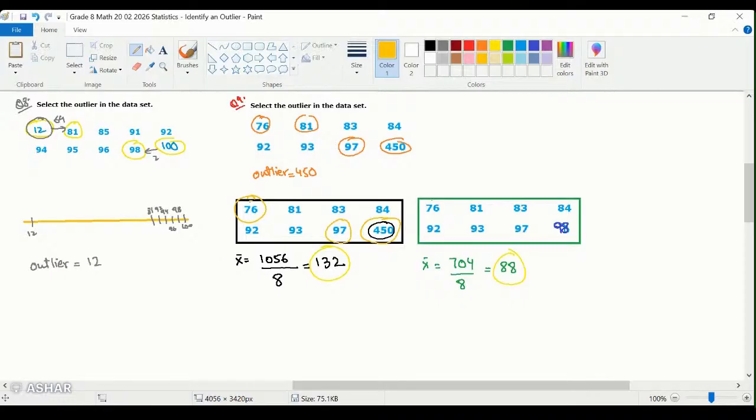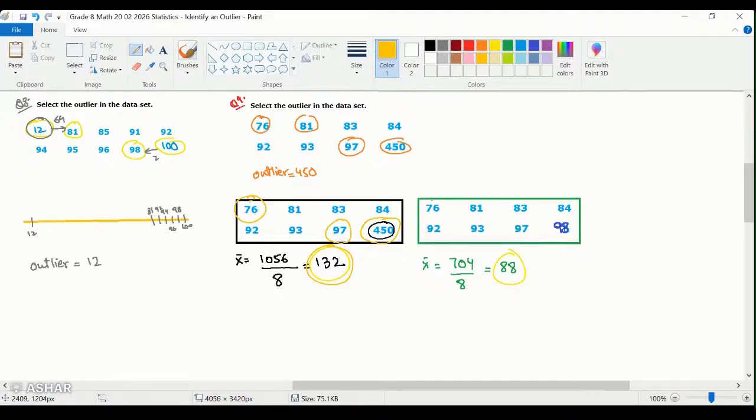So the mean in this case is exceeding the second largest number. Why? Because the outlier is a huge number. If the outlier is a large number, it pushes the mean up. If an outlier is a very small number, it reduces the mean by a big gap.